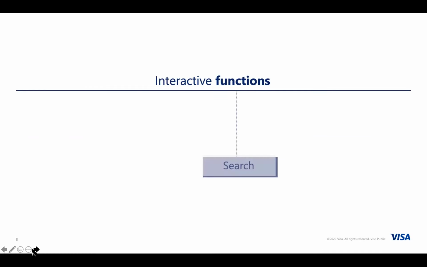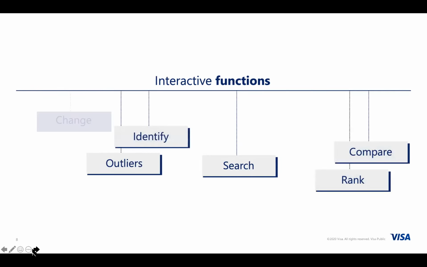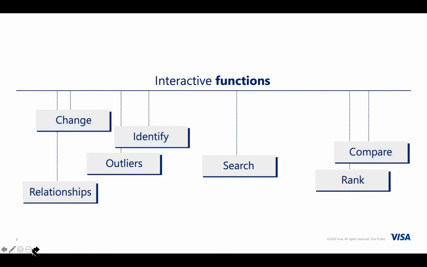And so that might be providing users the ability to search or to compare or even to identify outliers, among other things. And so then only after that, once we figure out that function, we can think about how to implement those functionalities with our Tableau features.